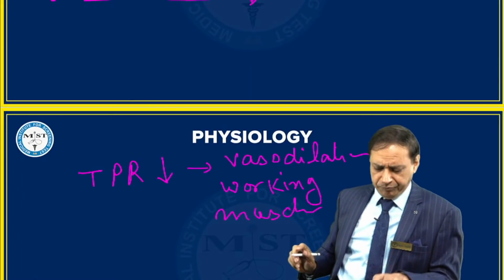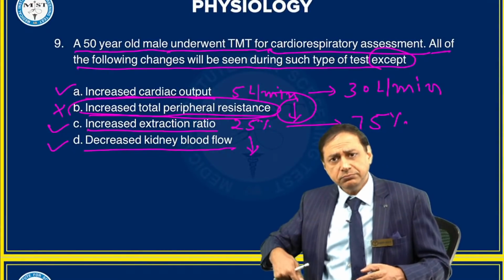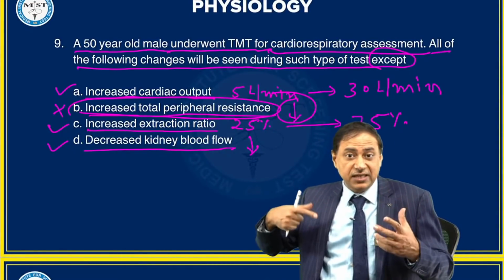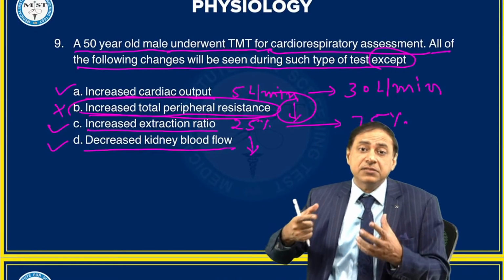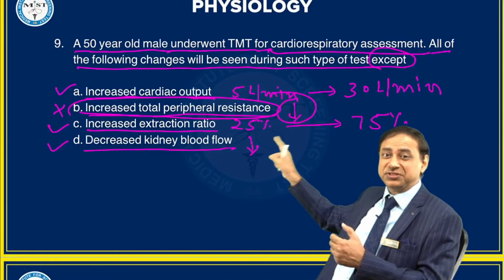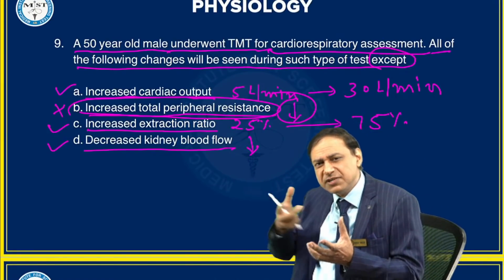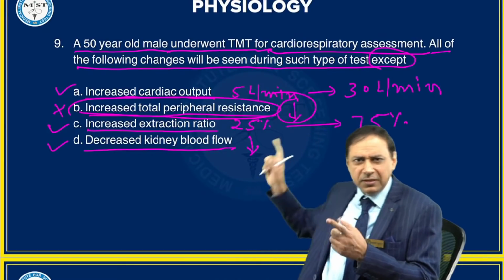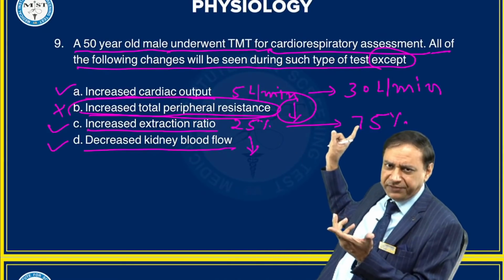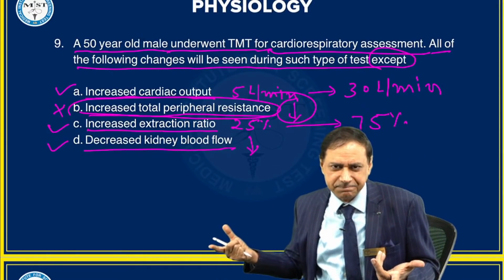So there will be more muscle blood flow, and muscles will extract more oxygen also. Normally muscles extract 25% of oxygen from hemoglobin. Extraction ratio may become 75%. Only then you can exercise.